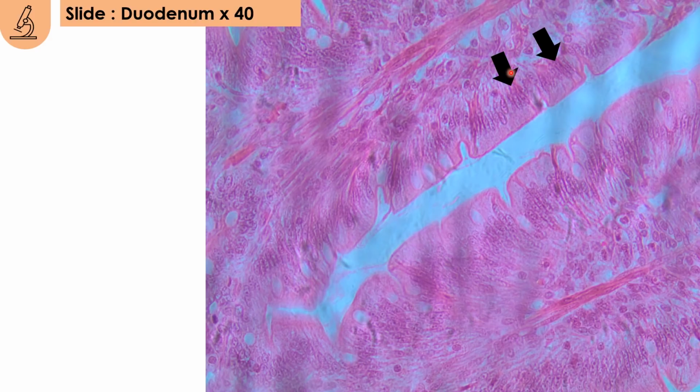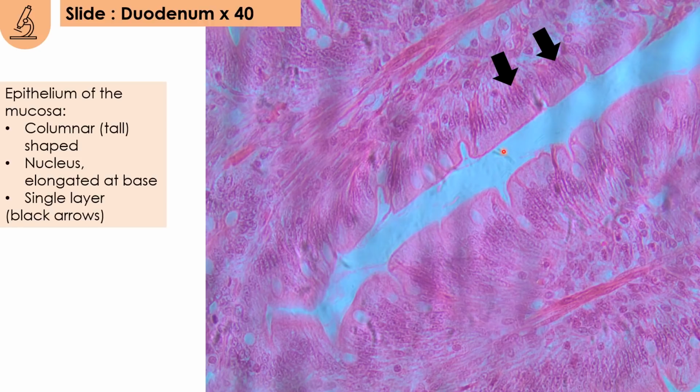If you can see this epithelium, what is the characteristic of this epithelium? Can you appreciate the nucleus? This is pointing to one of the cells of the epithelium. You can appreciate it has a columnar, long, tall shape, very tall shape.